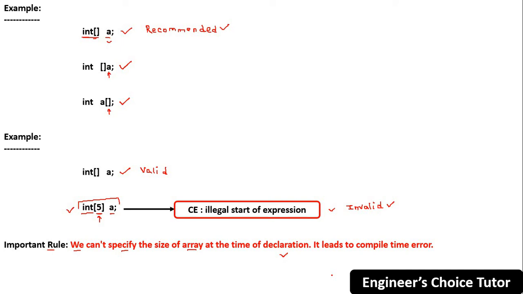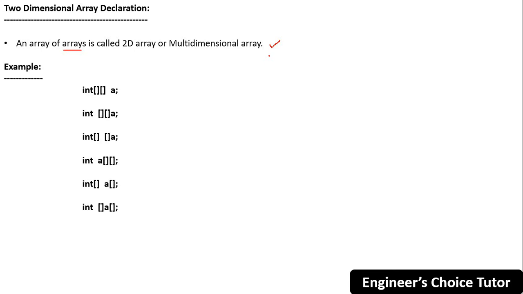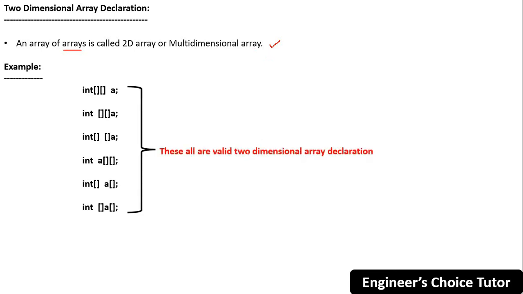Now let's see two-dimensional array declaration. Fine. So an array of arrays is called a 2D array, which means two-dimensional array, or multi-dimensional array. So we have this example. These all are valid two-dimensional array declarations.